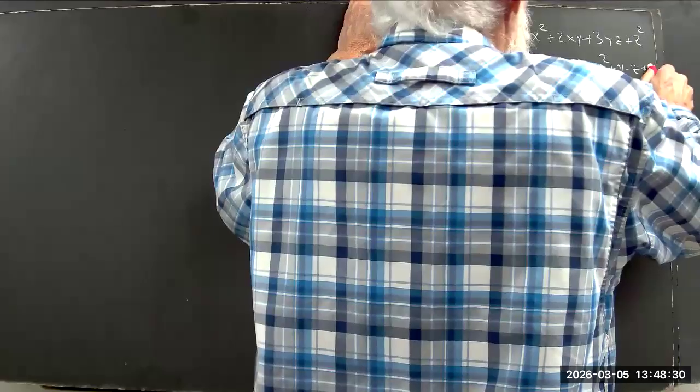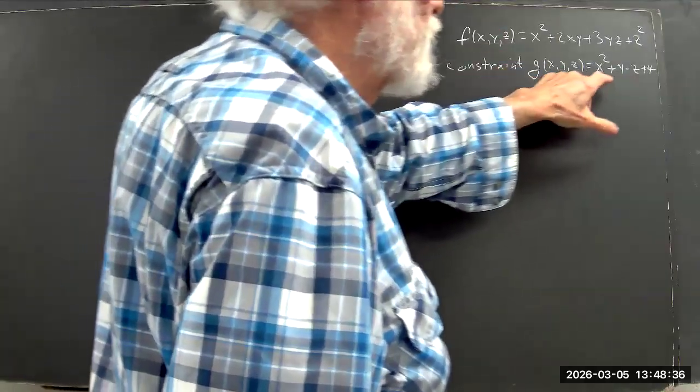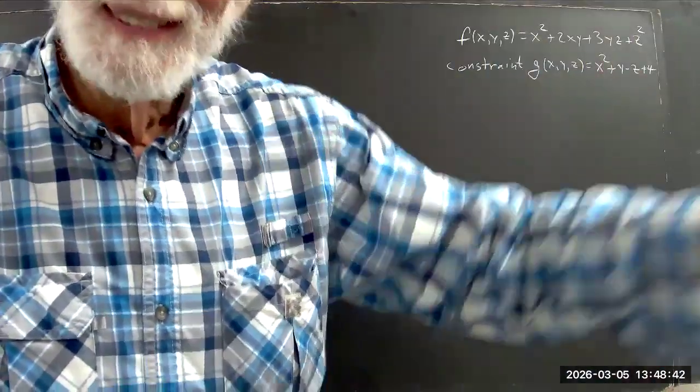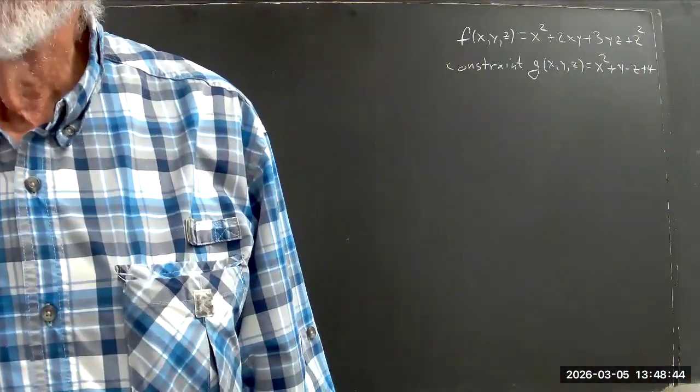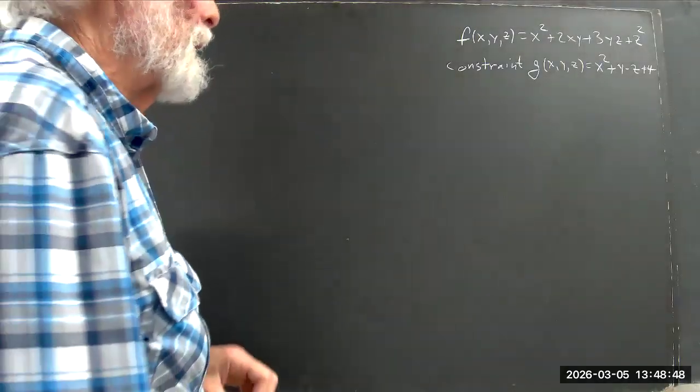Your constraint curve is x squared plus y minus z minus 4. If it were just x plus y minus z plus 4, it would be a plane because that's all linear. But this is a bit different, in 3-dimensional space.